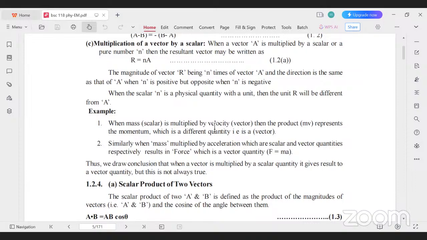Similarly, when mass is multiplied by acceleration, which are scalar and vector quantities respectively, the result is force, which is a vector quantity. Force equals mass into acceleration. F is nothing but force. All the time we will talk about force. That is mass into acceleration.